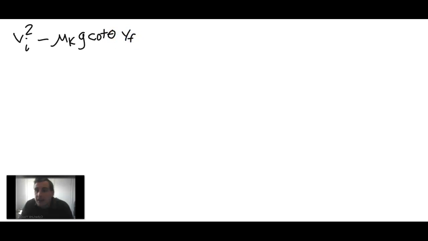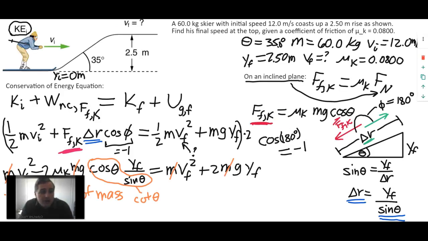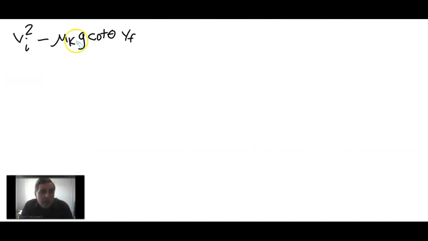Let's make sure we didn't forget anything on the left-hand side. Oh, we forgot the 2. So it's v initial squared minus 2 mu k g cotan theta y final. Don't forget this 2. And then we bring that other term over, the potential energy term, minus 2 g y final.